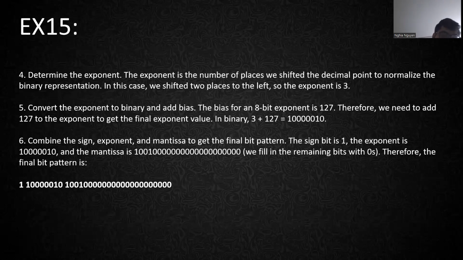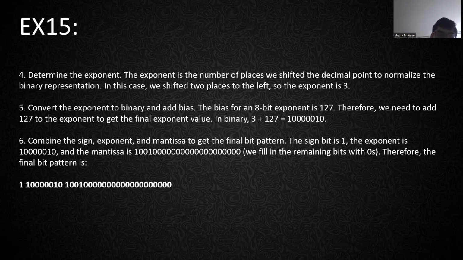In this case, we shift 3 places to the left, so the exponent is 3. Convert the exponent to binary and add the bias.